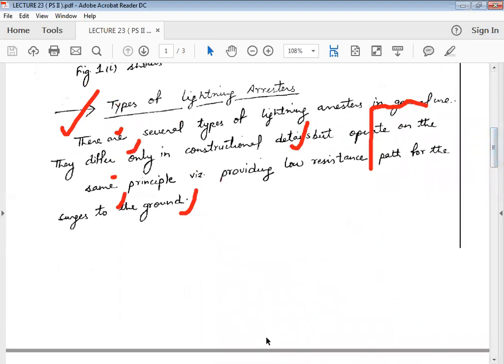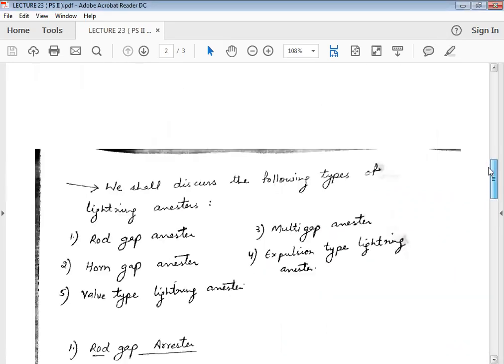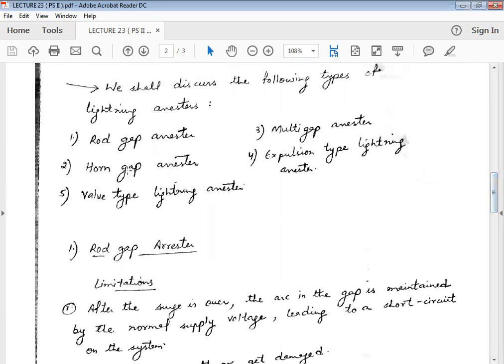What are the various types of lightning arresters available? The principle behind the operation of lightning arresters remains the same, but in our syllabus there are many types. The first is the rod gap arrester.